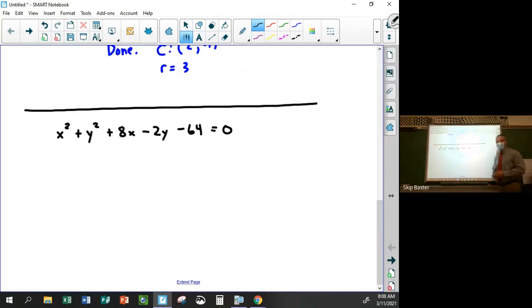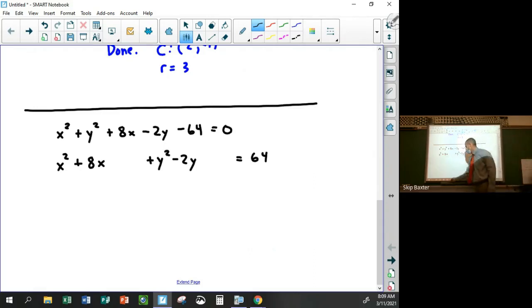So I'm going to group together the x's, x squared plus 8x, leave some space, group together the y's, plus y squared minus 2y, leave some space, equals 64. That's the first step. Just group together the x's, group together the y's, and move the constant over to the other side.